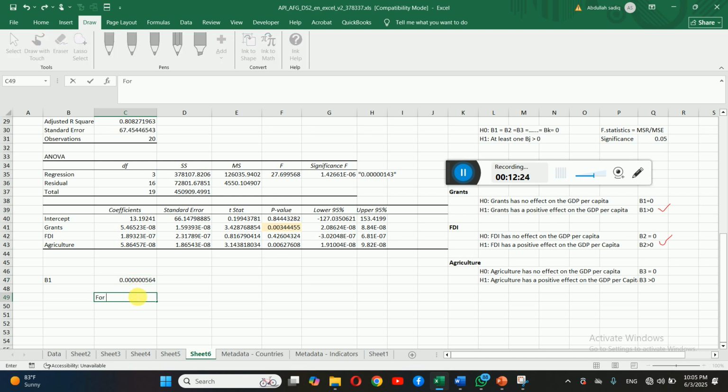You can say for every $1 increase in grants, the GDP per capita increases by approximately 0.000564 dollars, assuming FDI and agriculture stay constant.